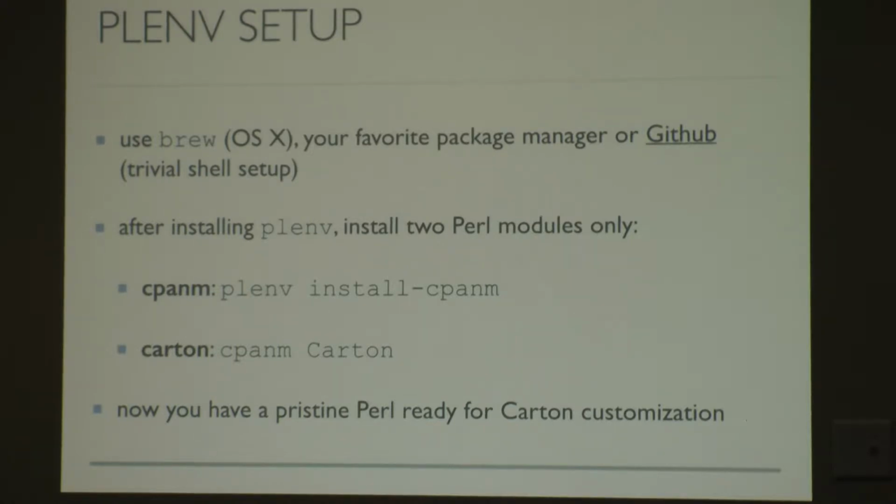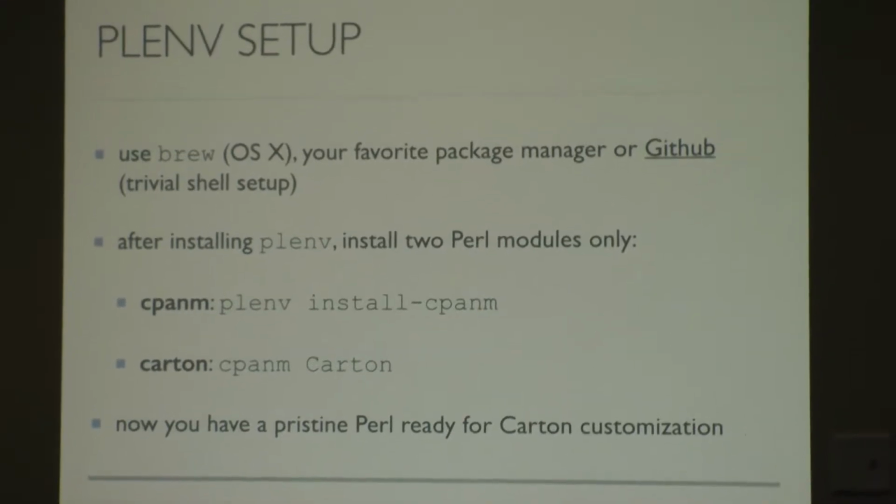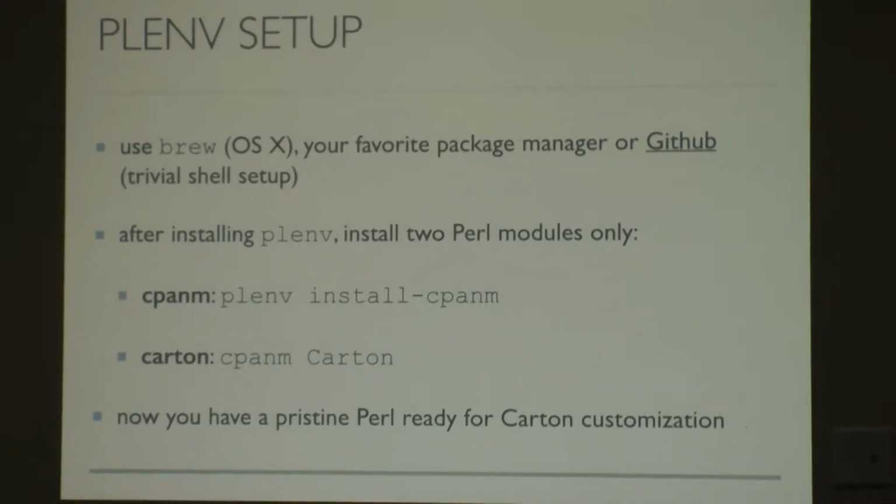You install cpanm with plenv install-cpanm, the same kind of command as perlbrew, because cpanm has to be bootstrapped in some way, since it is an installer, and putting the installer in the right place requires a special install instruction. And once you've done that, now you can use cpanm and install Carton. So now you have a perfect, pristine Perl with cpanm and Carton on there, and that's the only time I ever touch any of the Perls I have installed using plenv. I'll show you why in just a moment.